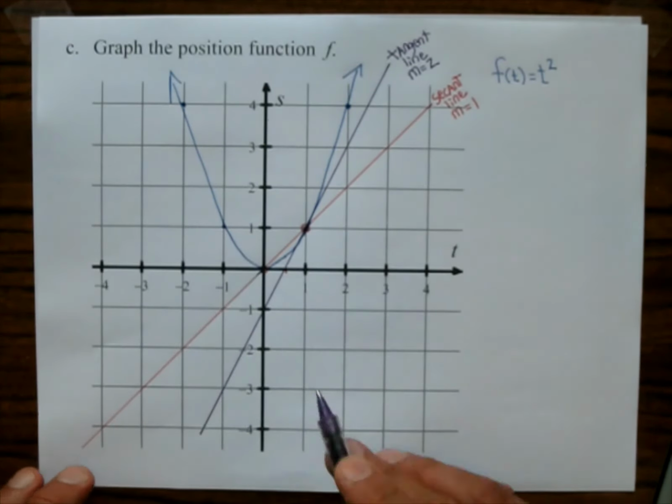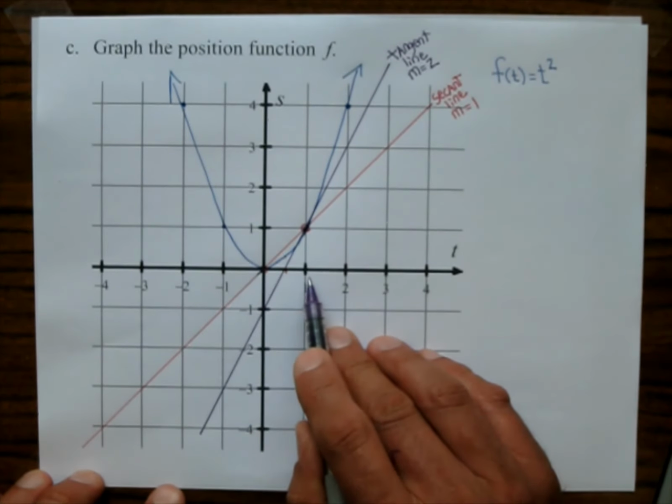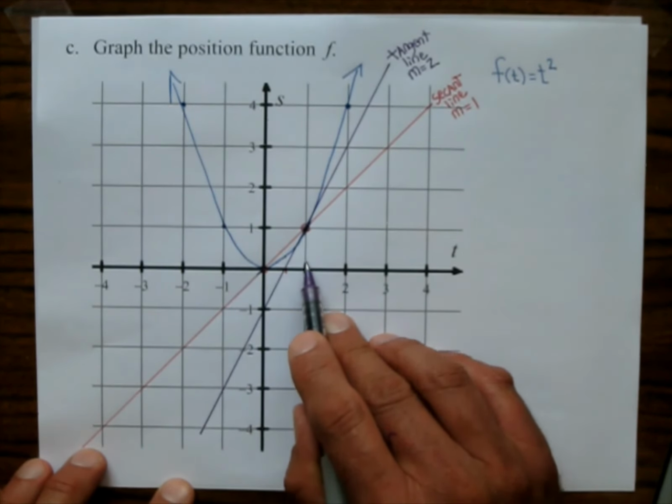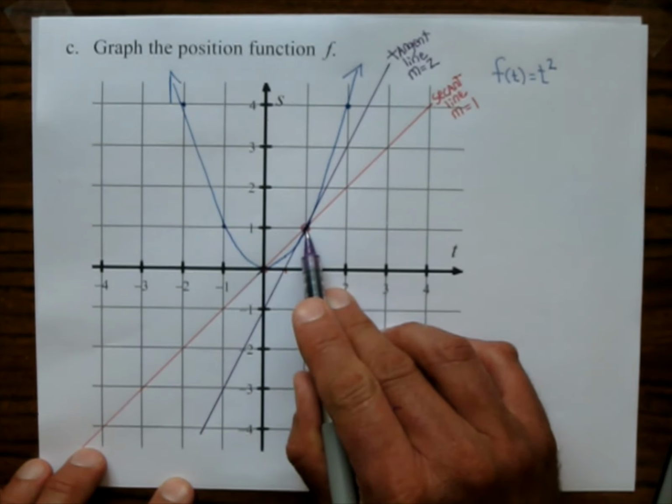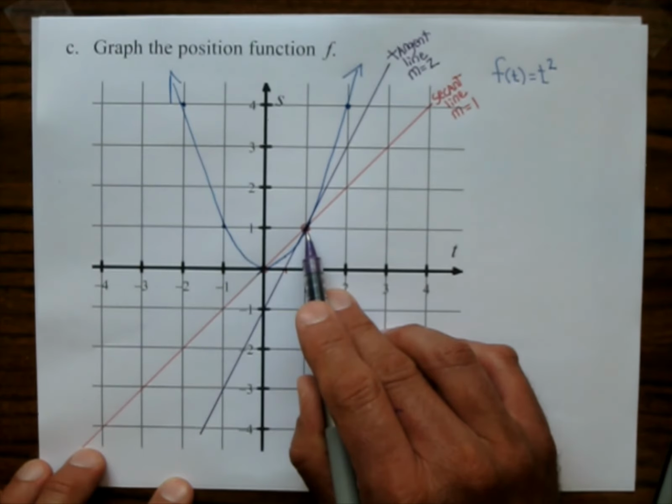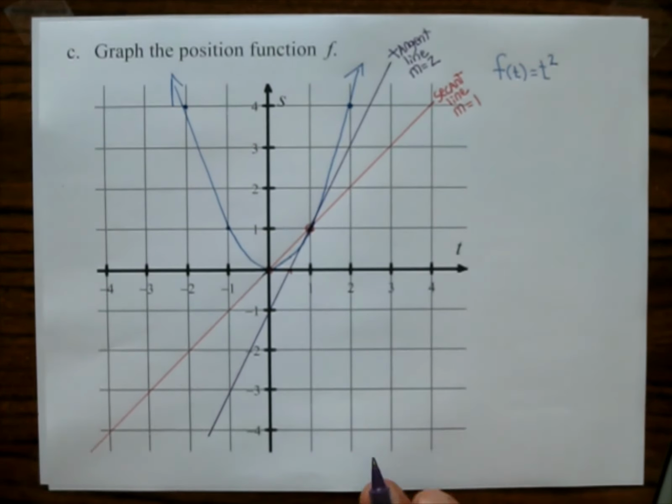So that's pretty cool because you go to 1 second on the t-axis, you go up to that graph, the parabola, you investigate its tangent line, draw it, and it should have a nice slope of 2, the instantaneous velocity.